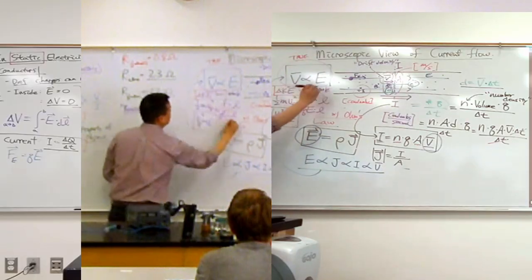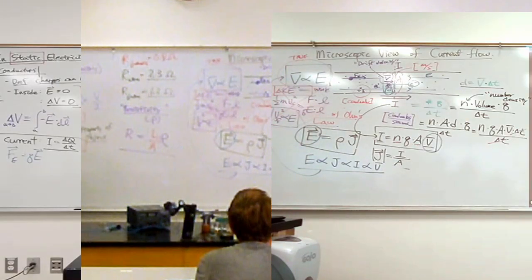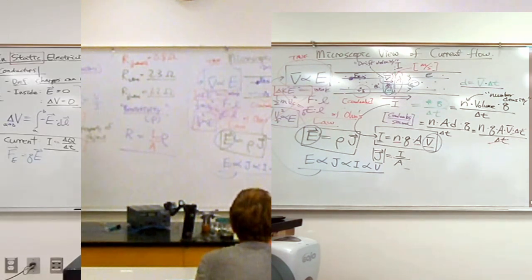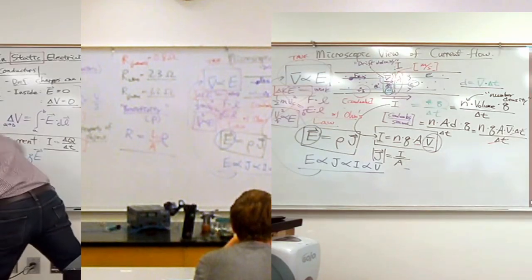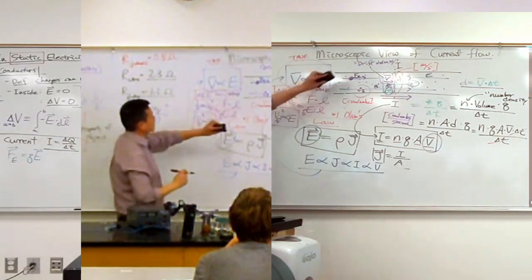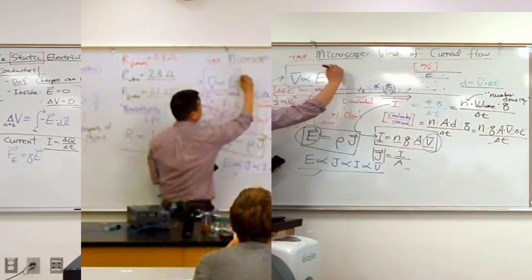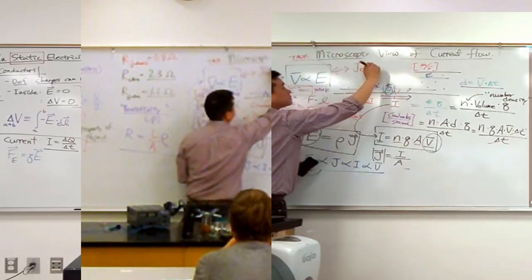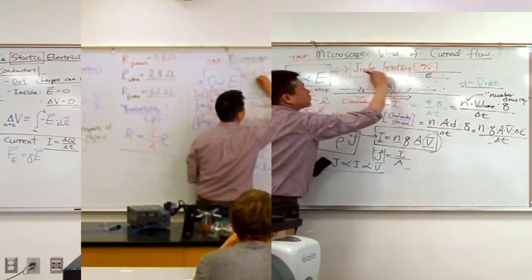So the fact that this is true and this is false relates to something that we refer to by this name. We'll talk about this when we talk about electric power, which we didn't get to today, but we will get to sometime on Wednesday. It is related to what's called Joule heating of a material.